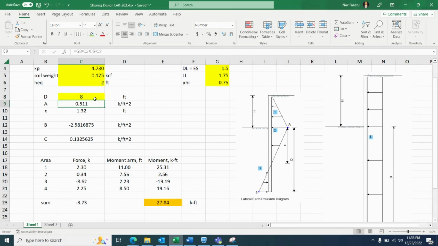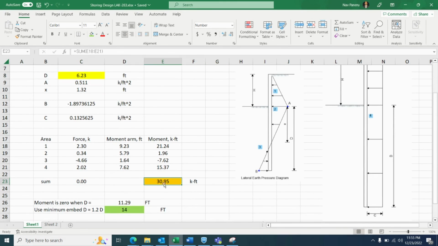I'll just assume, say 8, coming down, maybe 7. Okay, it's going down again, 6.5. Okay, 6.25. It's pretty close. 6.24. Okay, 6.23. So at a depth of 6.23 feet, the total shear force acting on the seat pile is zero.